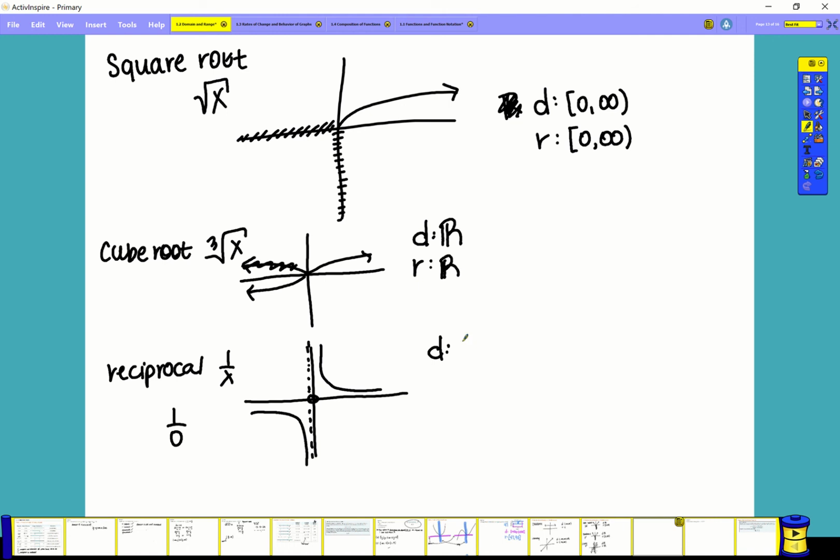So here, that means that this is what we have for our domain and our range. Notice that it cannot equal 0. Since there's a 1 on top, we're never really going to get anything to equal 0. So it's going to be negative infinity to 0 unioned with 0 to infinity.